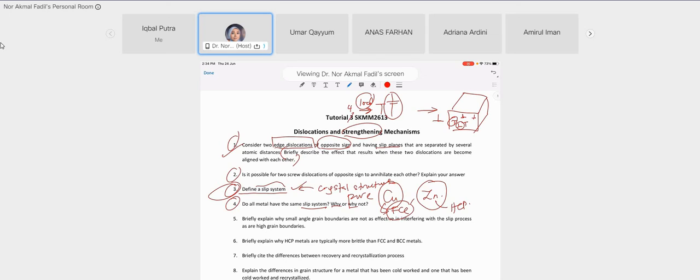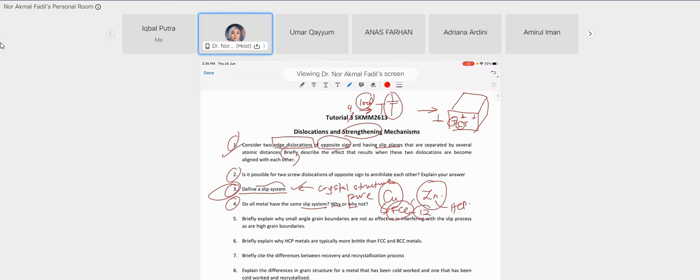So you need to explain in terms of FCC. Last time I showed you how the students answered on the different crystal structures and different slip systems. So you need to be able to explain in detail what the FCC crystal structure is and how it promotes 12 slip systems.